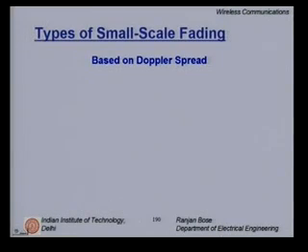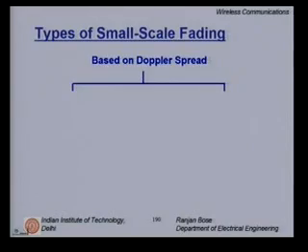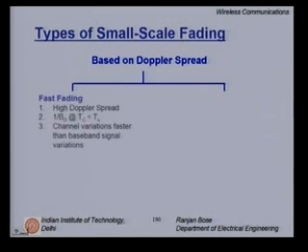Now, let us look at the types of small scale fading. These are clearly based on the Doppler spread. Doppler spread, we know, comes from the relative motion of the transmitter and receiver, or even if the transmitter and receiver are fixed, the channel might be changing. So, again we can classify the types of small scale fading based on Doppler spread into two parts. One is the fast fading scenario.